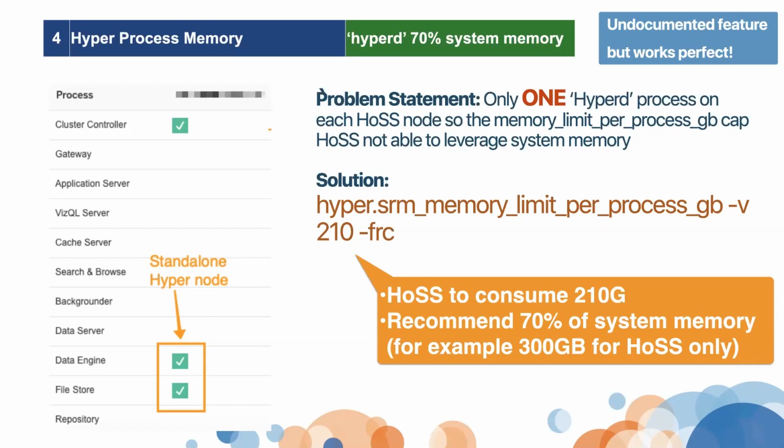This way, you have Hyper set well enough at 70%, and you have VizQL set at about 60, 70%. That's good. I think that's a better setting. Again, this setting is also undocumented, but it works perfectly.